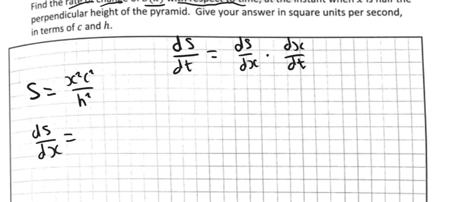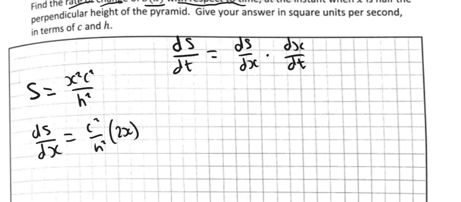So forget about the c squared over h squared. It'll just be c squared over h squared multiplied by 2x, because you just reduce down the power of x and multiply it by 2. So that's what ds dx is, and then it's all of that multiplied by 3.